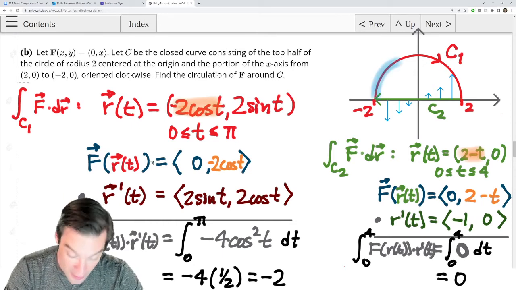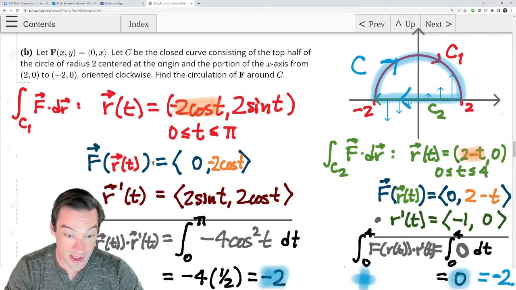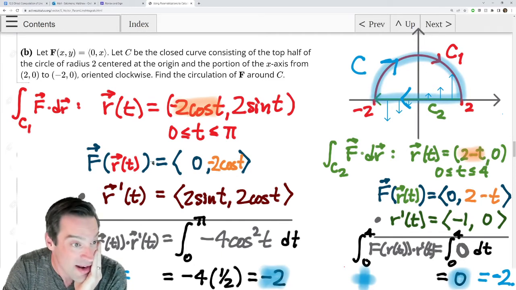So the integral for my entire closed loop, c1 followed by c2, or what we would call c1 plus c2, is just going to be the sum of those two integrals, -2 plus 0, or -2. So that, I hope, is an accurate rendition of this integral.